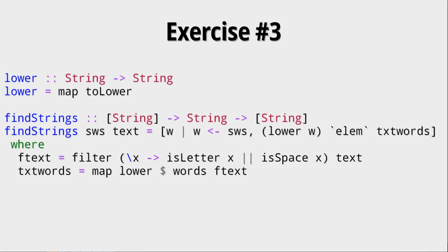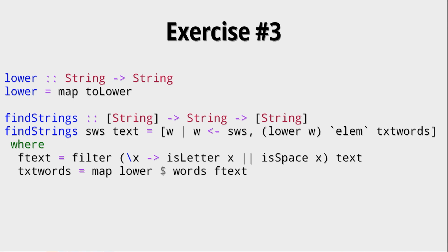Okay. So now let's look at find strings, because that's the second function that is actually, well, interesting. As a helper function, I have written this lower function, which uses toLower from Data.Char. So this is very important.